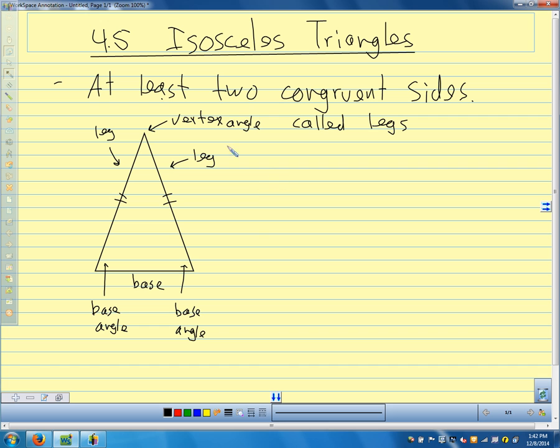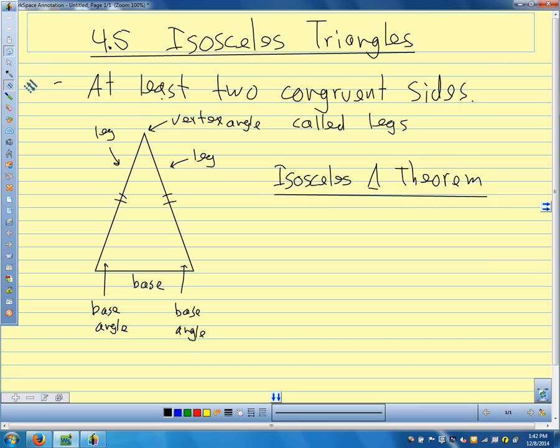All right, and our big idea today is the isosceles triangle theorem. We've done a little bit with it before, in angle puzzles and that kind of thing.